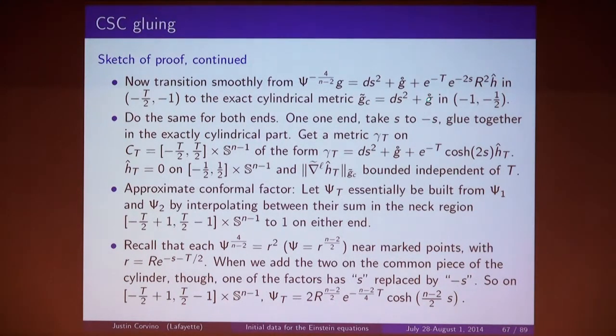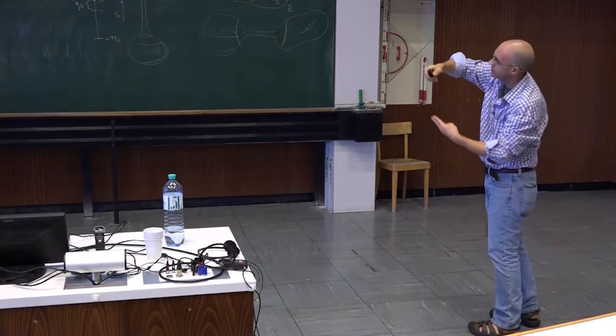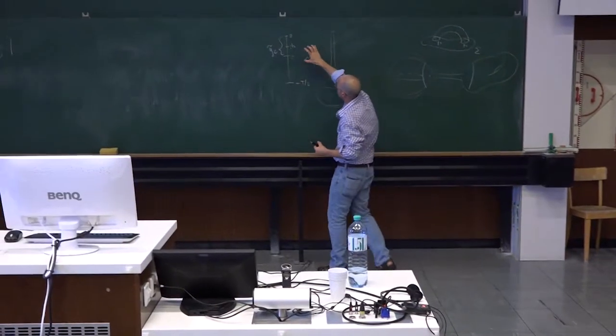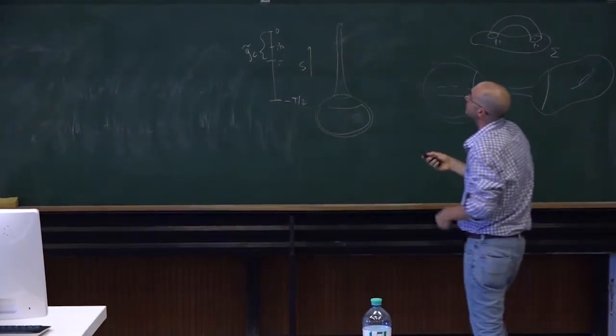And then if you've got two of them added together, but s goes to minus s to make the identification, you end up with a cosh on that term. So that's your error term from cylindrical. And in the middle core piece, from minus 1 really to 1, you're exactly cylindrical.